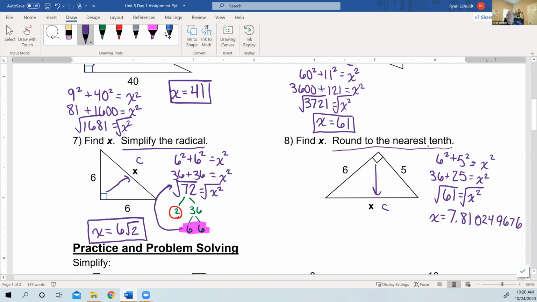But notice it says I have to round to the nearest tenth. So that means I want this place. What does the 1 tell me to do? 4 or less, let it rest. So that means my answer is x equals 7.8.